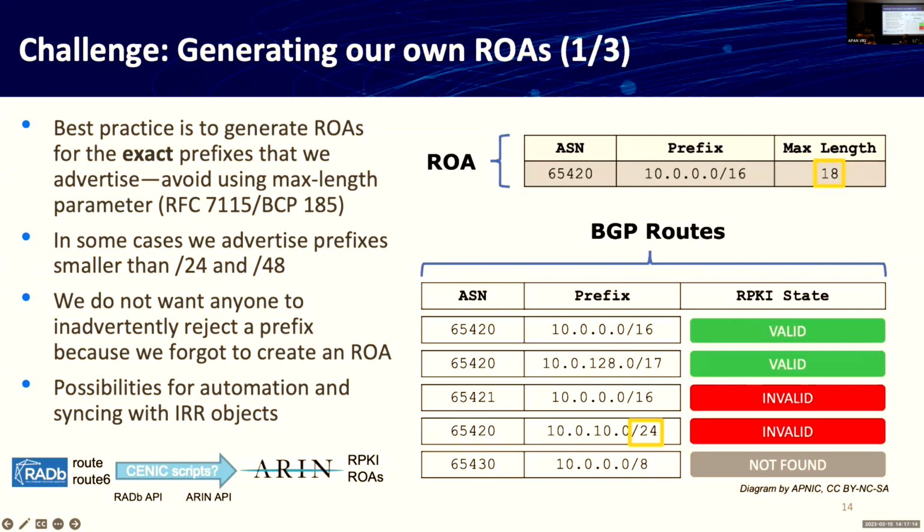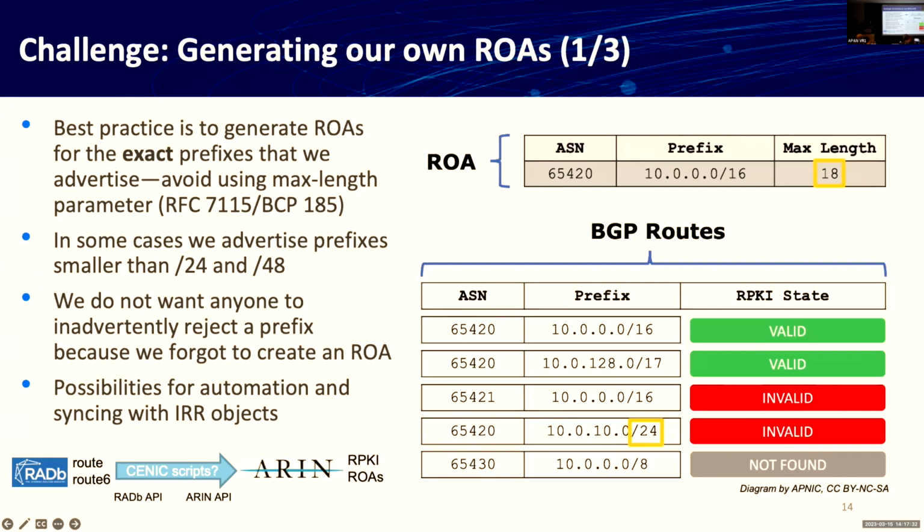The best practice is to generate ROAs for the exact prefixes that we advertise. So avoid using the max length parameter; set it to the same as the prefix.